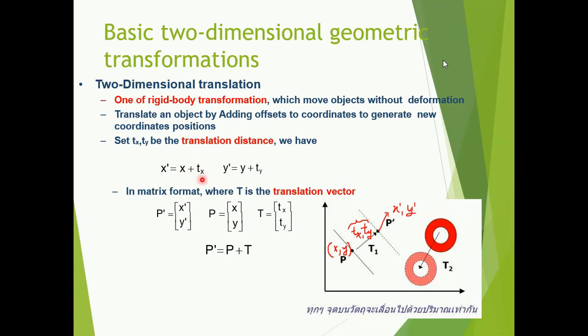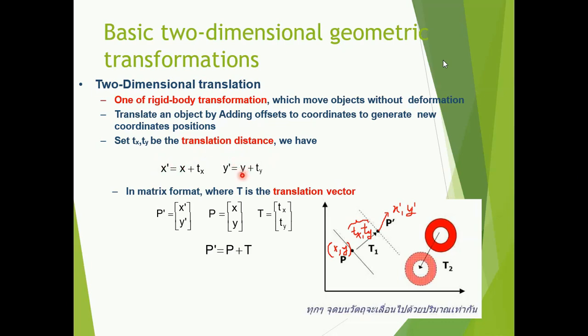Next, y dash is given by y plus Ty. Similarly, y dash is the new coordinate value you get after moving the point: the previous y value plus the offset value Ty. These are the points you get after displacement.